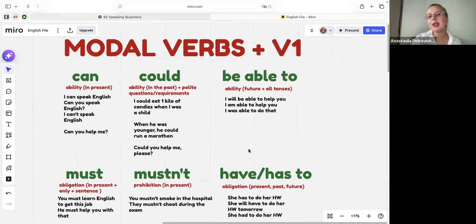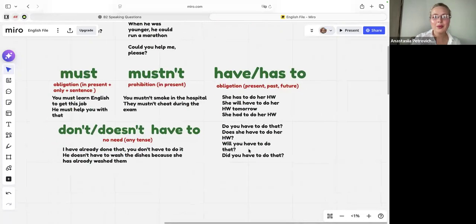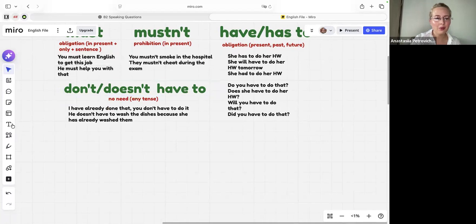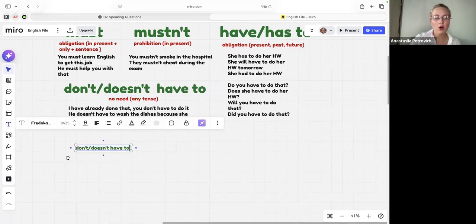And we have a little bit more to come here, and a little bit more to include, because today I want to discuss with you all of the modal verbs. We have something else. We have should and ought to.